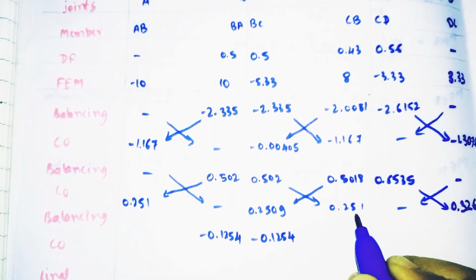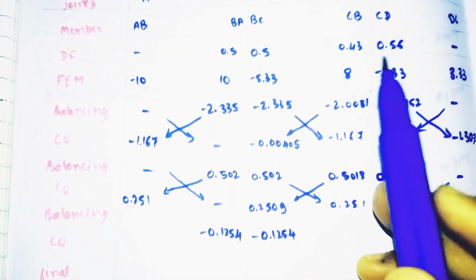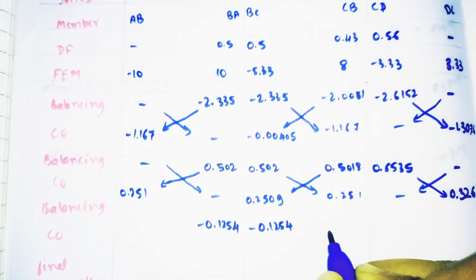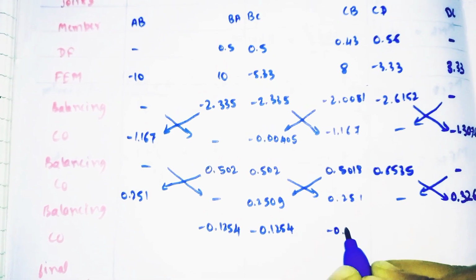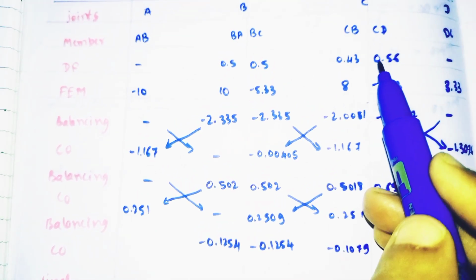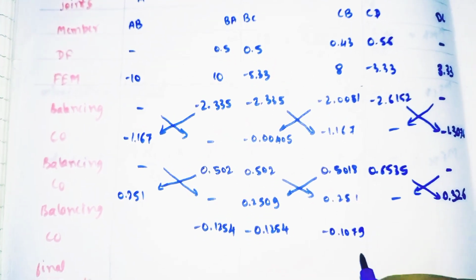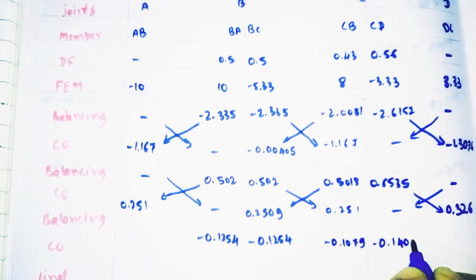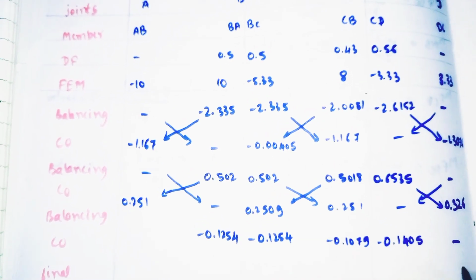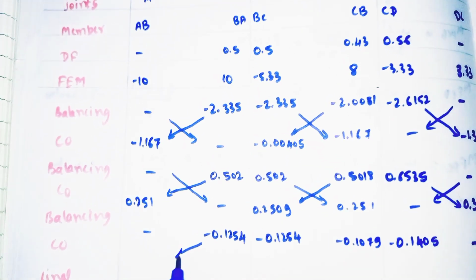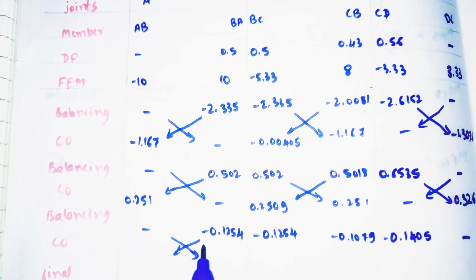Then multiply this with 0.43, it will come out as minus 0.1079. If you multiply with 0.56, it will come out as minus 0.1405. Then for carry over, we need to halve it and send it to the opposite side.